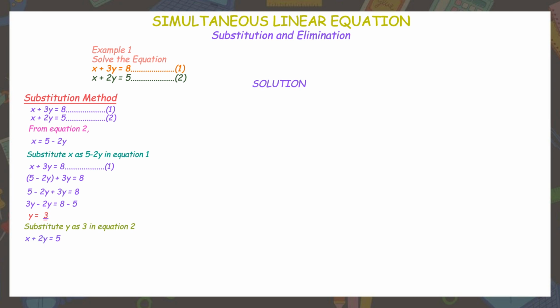So anywhere we see y, we represent it as 3. Then we have x plus 2 into bracket 3 equal to 5. So that means x plus 2 multiplied by 3, which gives us 6, equal to 5.